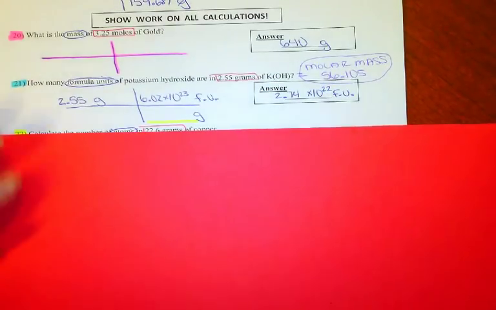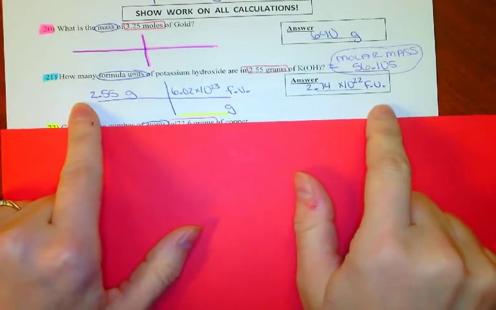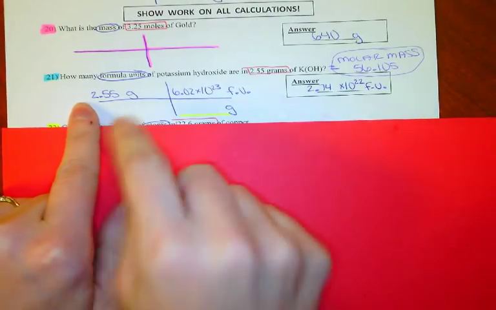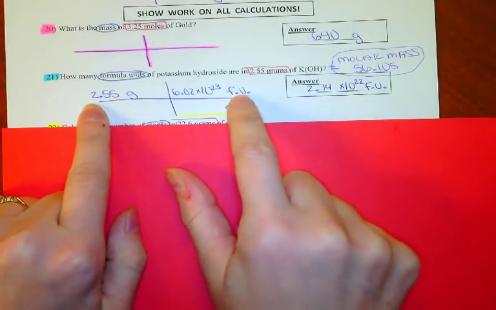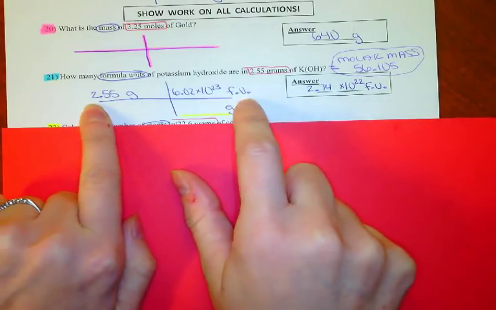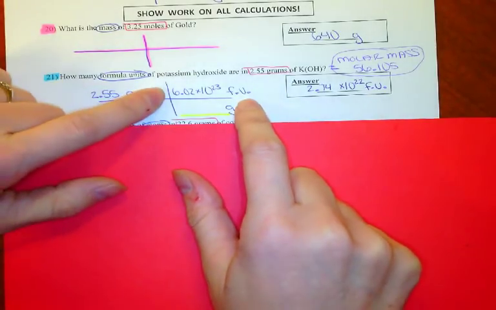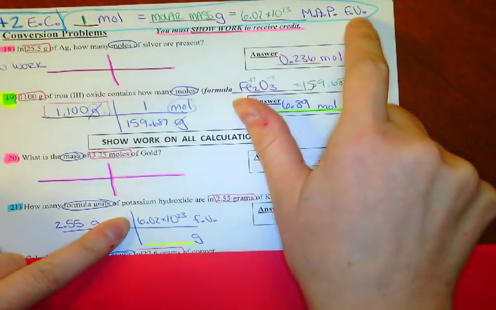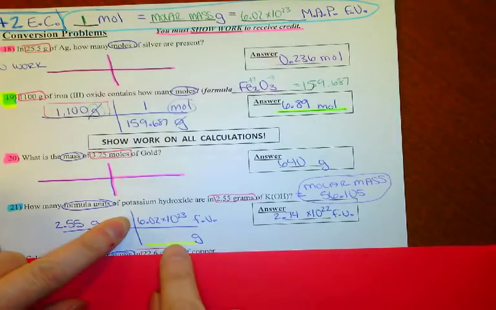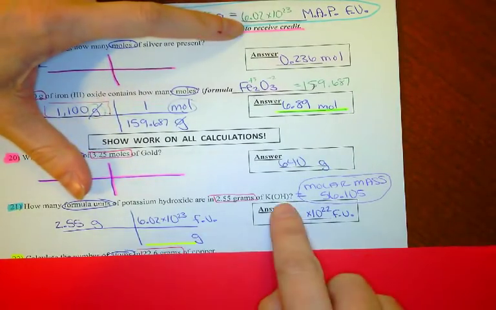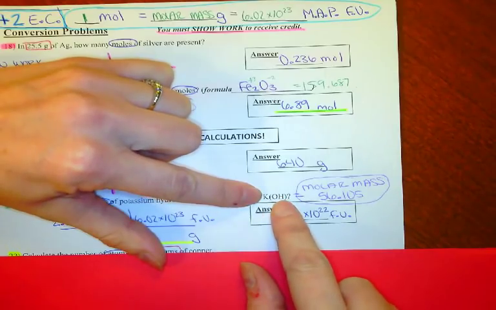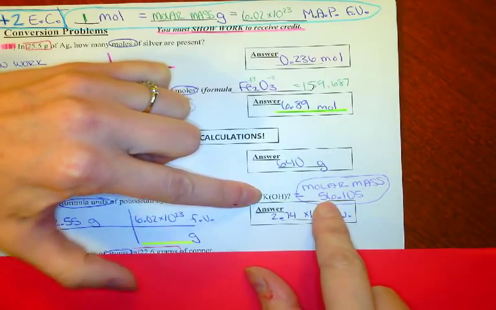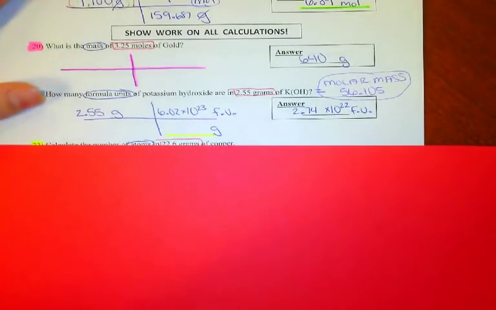Looking at this one, I set this one up for you a little bit here, where I put the given, and I just go down grams, and I put formula units, abbreviated unfortunately there as FUs, and then in front of formula units, I put Avogadro's number, and in front of grams, I'm going to have to put the molar mass. So I calculated that out for you. Potassium, oxygen, and hydrogen should be 56.105. That's the number that goes on bottom. When we calculate it, you can go ahead and check your work.